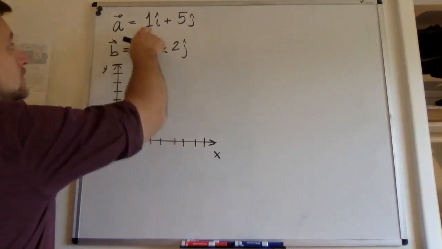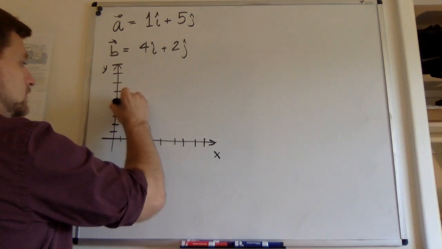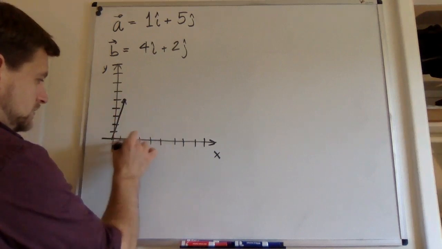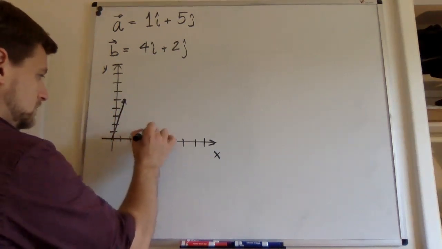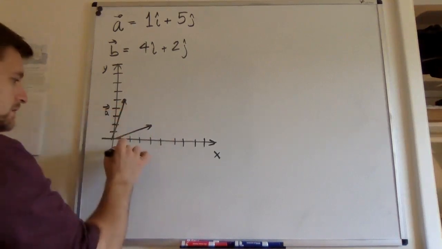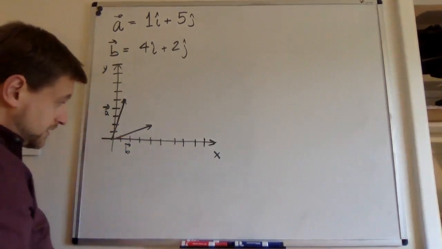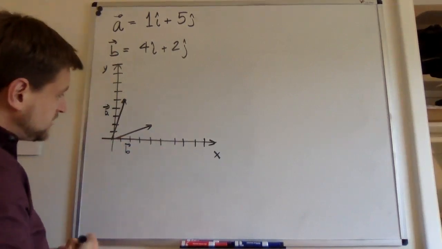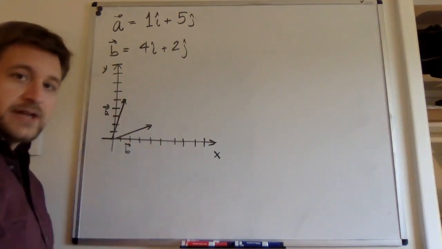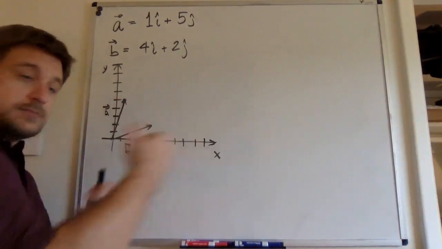All right. A is 1, 2, 3, 4, 5. B is 1, 2, 3, 4, 1, 2. So that's A. This is B. And now I'd like you to think, for each point along vector A, do vector B. For every of 3, include 4.